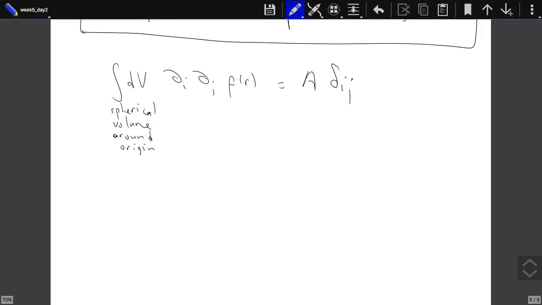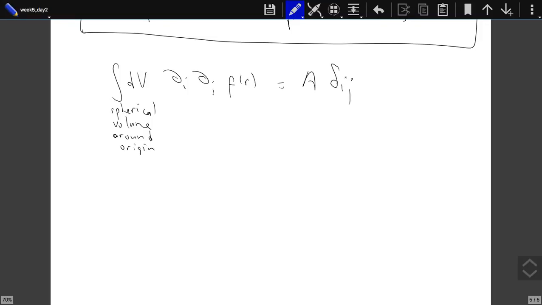So the left-hand side, if you integrate it over a spherical volume, is a tensor of second rank. So the right-hand side should also be a tensor of second rank. There are no vectors appearing in my integral, because r is a vector, but I'm integrating over it, so the result cannot depend on it.